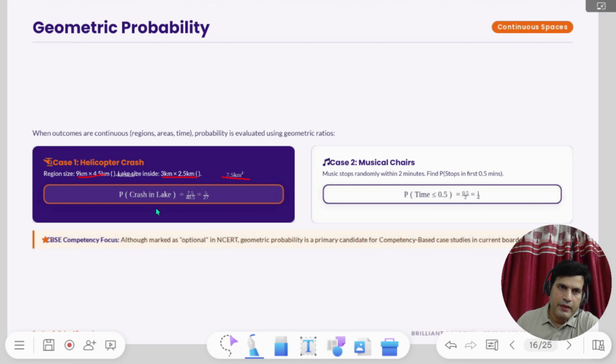So P(crash in the lake) is 7.5 by 40.5, so it is 5 by 27. And in the case of musical chairs, the music stops randomly within 2 minutes. Find P(stop in first 25 seconds). So that is P(time) 0.5 by 2, that is 1 by 4.